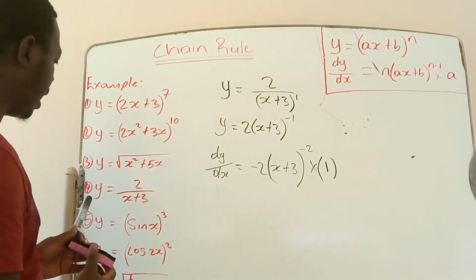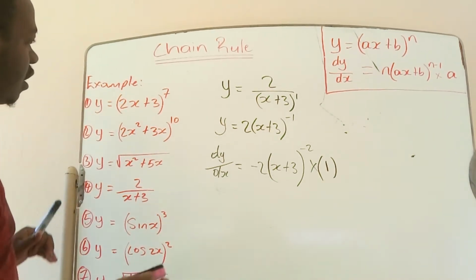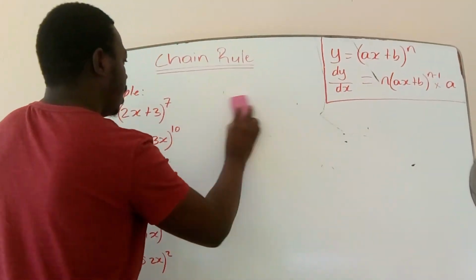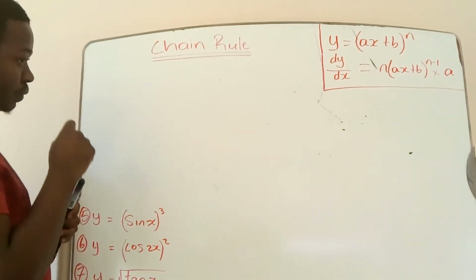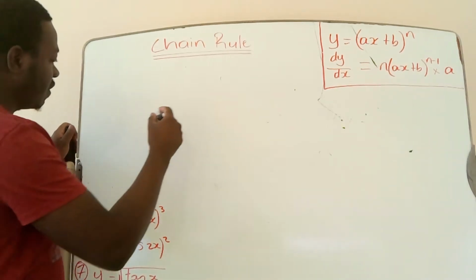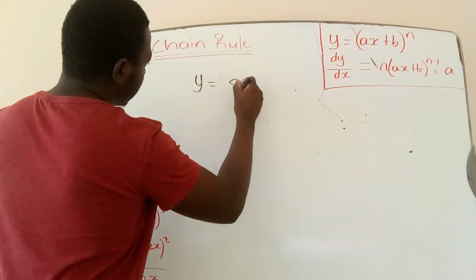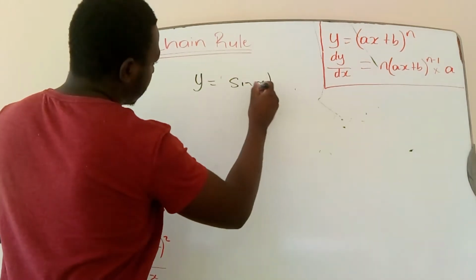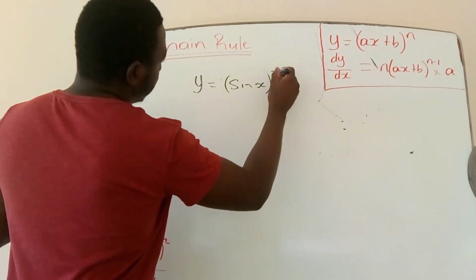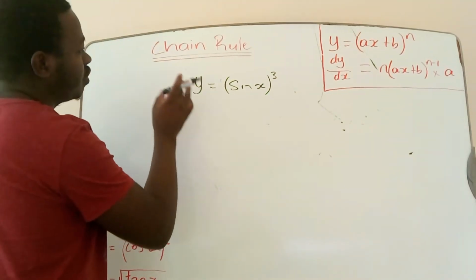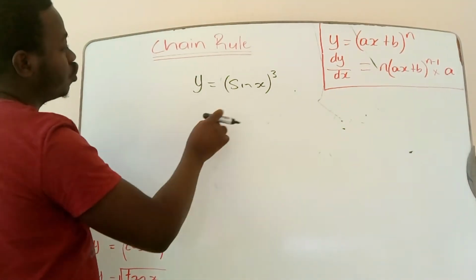So let's look at the fifth example, right? Y is equal to sine x raised to the third power, right? And you are asked to differentiate this function using the chain rule.